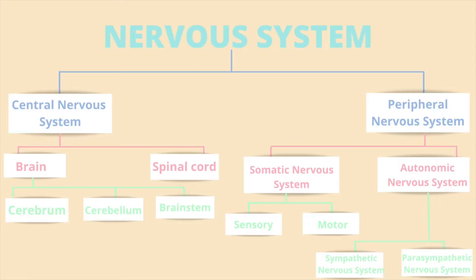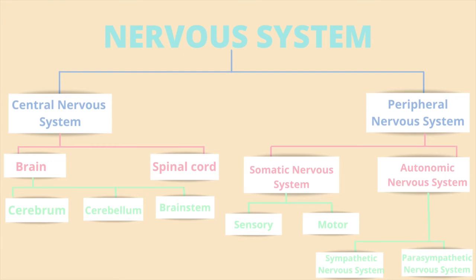So right now, let's do a quick recap on what we have discussed about the anatomy and physiology of the nervous system. So the nervous system is a complex network of nerves and cells that carry messages to and from the brain and spinal cord to various parts of the body.